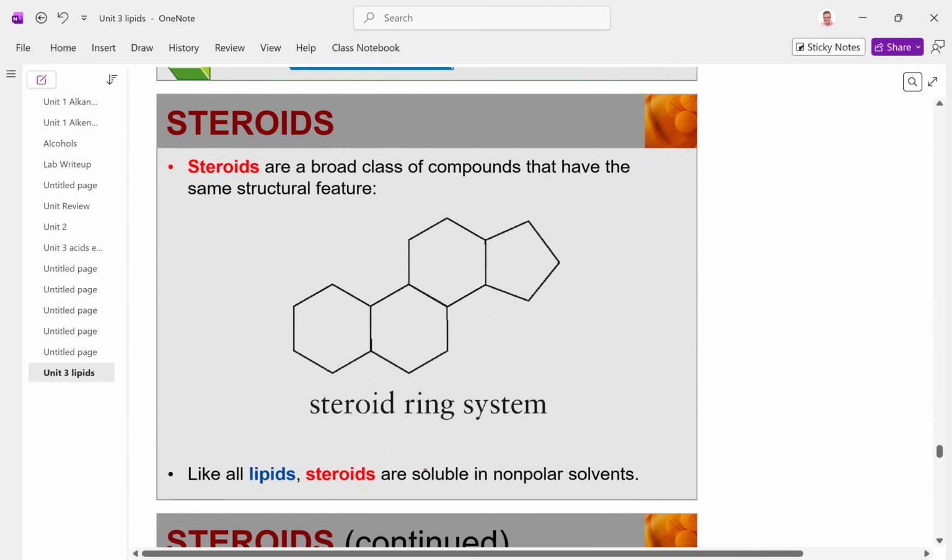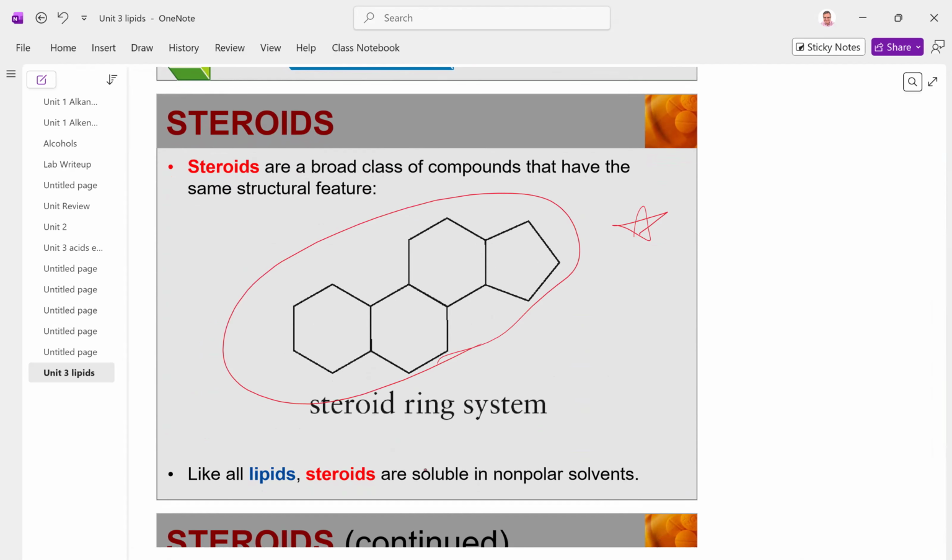Now, steroids are non-saponifiable, meaning there are no esters present. This you need to know, this basic group. All steroids will have this basic ring system. We've got 3 C6s and a C5 in a particular configuration.